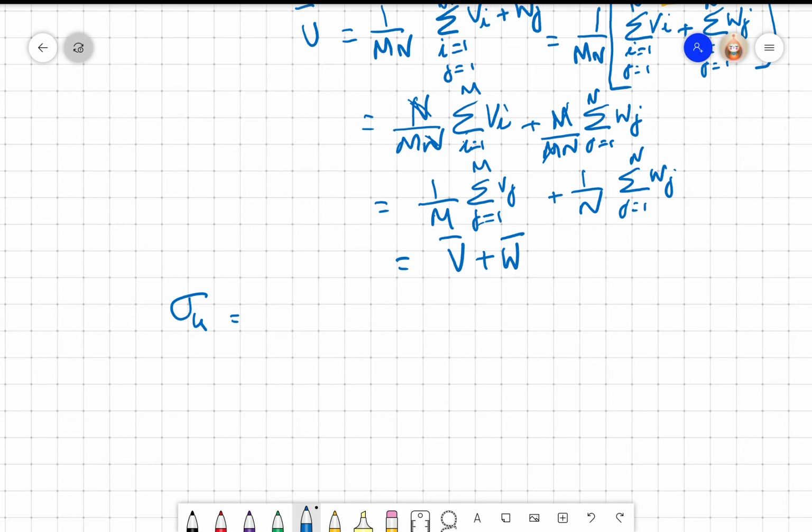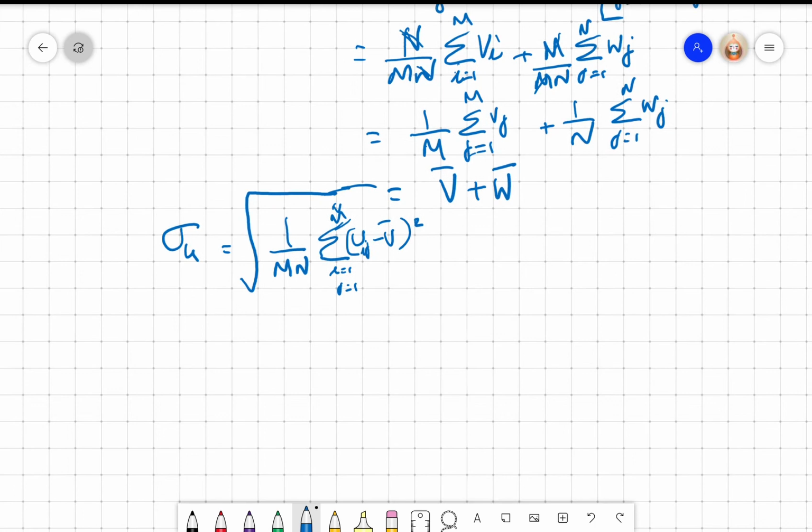So I am going to use RMS value, right? The sigma is RMS value. So I can put this as square root of 1 by Mn sigma uij minus u bar whole square, right? This is I equal to 1 to M, j equal to 1 to N. So that's the RMS deviation. Even if you put standard deviation, it will come, but this is much simpler.